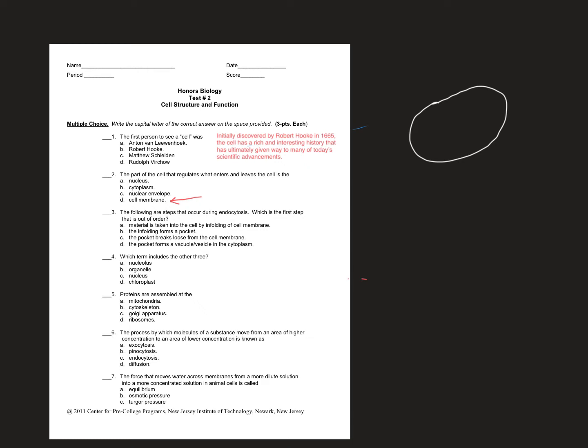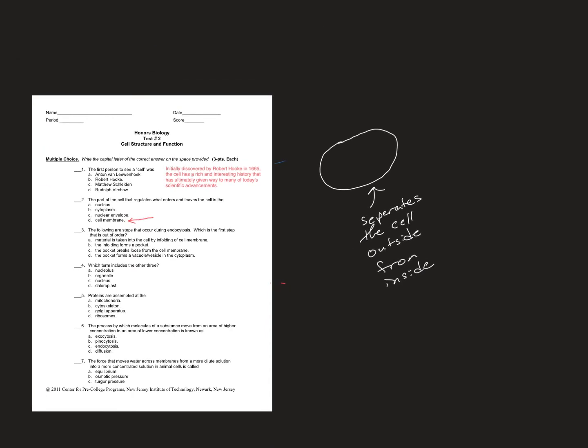It is in fact the definition of the object that compartmentalizes or separates the cell, outside from inside. The most basic definition of the compartment of a cell. And so the simplest cell, being a bacterium, only has this cell membrane.